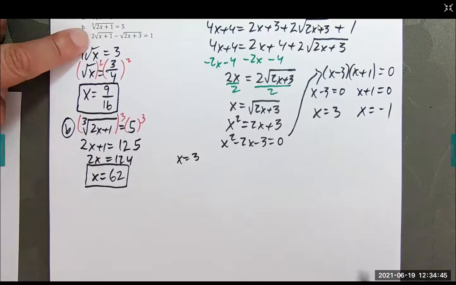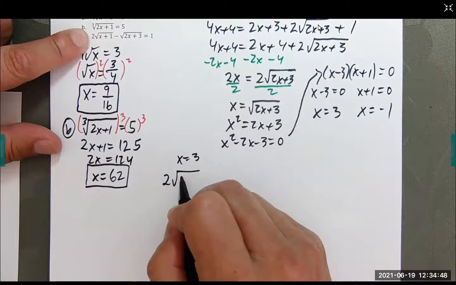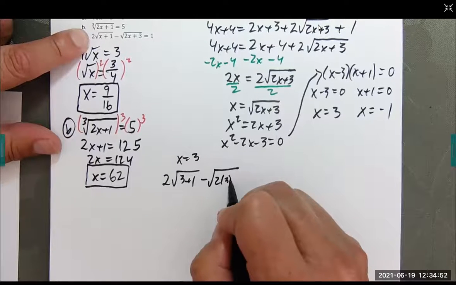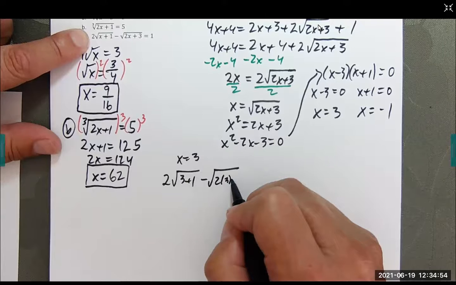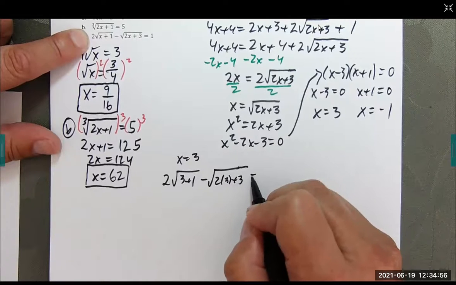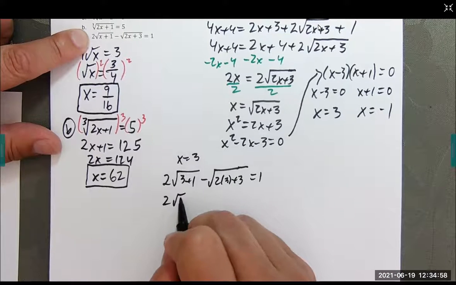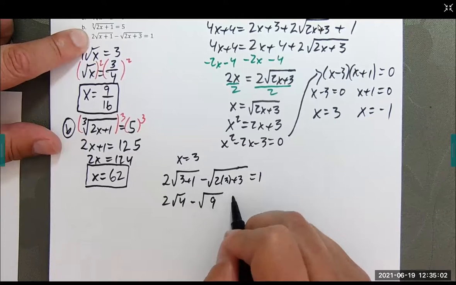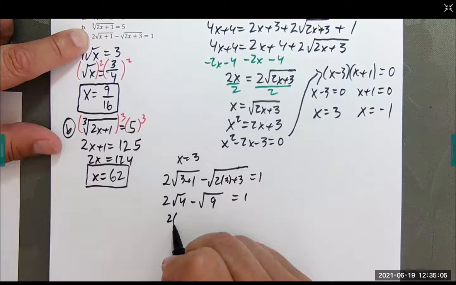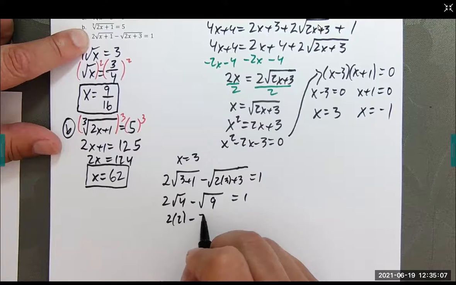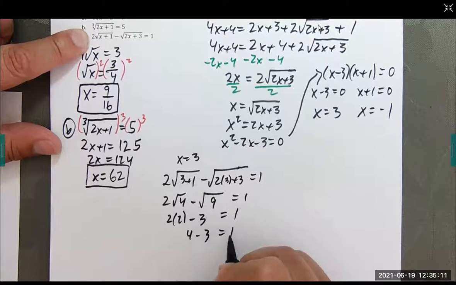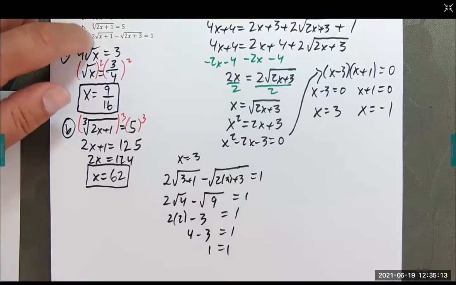So this is 2 times root 3 plus 1 minus radical 2 times 3 plus 3 equals 1. 2 times root 4 minus root, that's 6 plus 3, that's 9. 2 times 2 minus 3 should equal 1. 4 minus 3 should equal 1. 1 equals 1. Yay, it works.